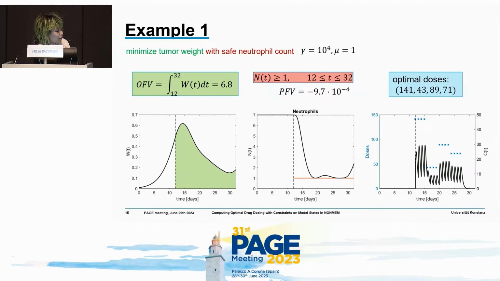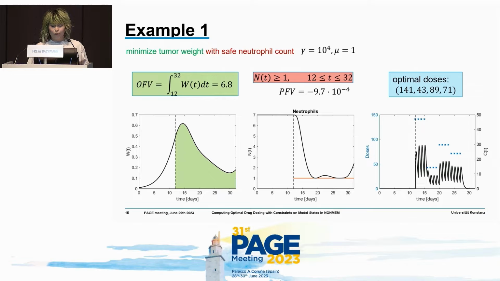So, in the left panel, we see the tumor weight. We see the tumor grows untreated until day 12, then drug administration starts, and the green area indicates the objective function value. In the middle panel, we see the neutrophils at their baseline of 7. Then drug administration starts and they drop down towards their threshold, but remain above. The penalty function value is close to 0.